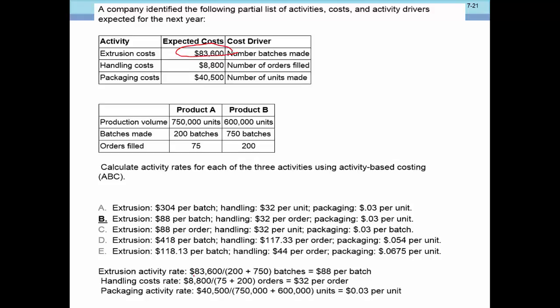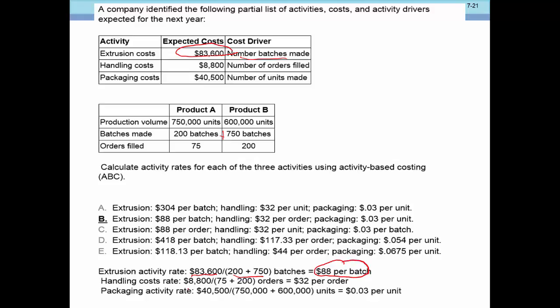We bring that down, and there are 750 batches. Since we use batches for that, we have 750 plus 200, so we get 950. They went ahead and showed you the addition there. It's 950 total, and that gives me $88 per batch, right?